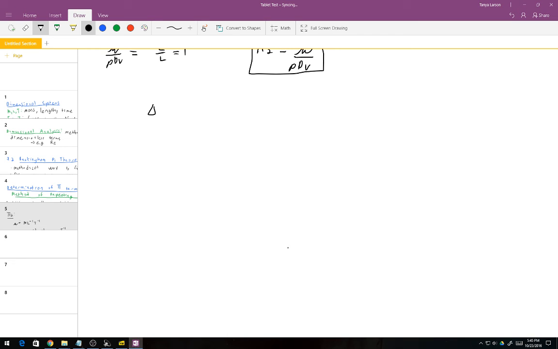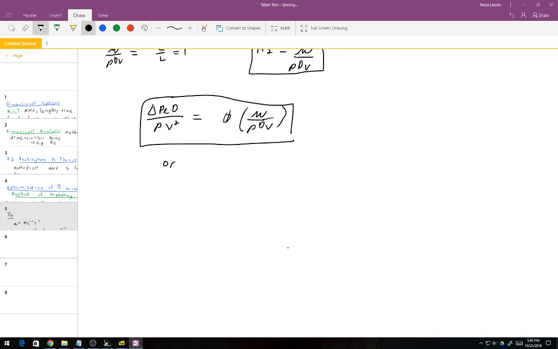So I'm basically going to say that delta P L times D over rho V squared is going to be some function of mu over rho d V.